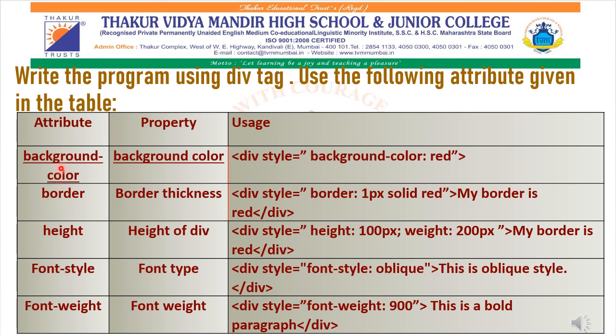The attributes you are going to use in the div tag are mentioned in the attribute column, and how to use them in the HTML code is given in the usage column. So kindly create a web page using these attributes in the respective div tag. For each attribute there should be a different div tag. Okay students?